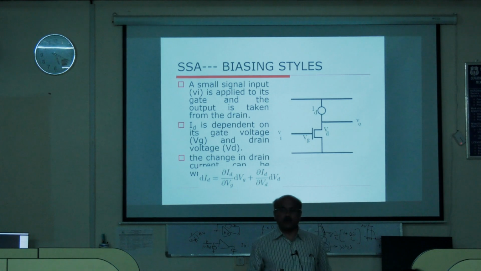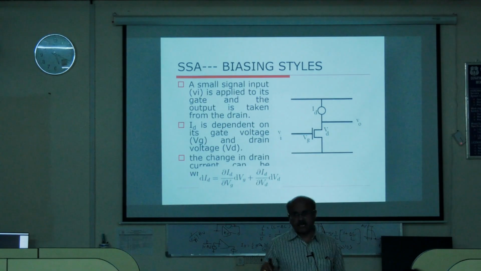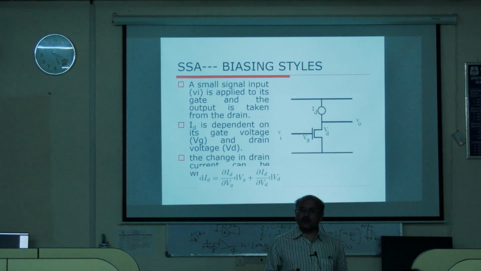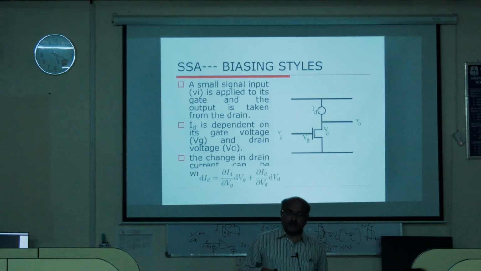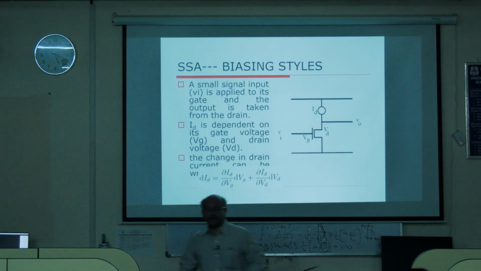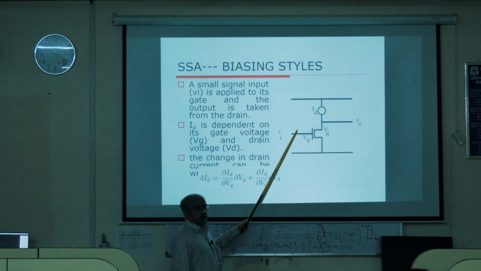Isolation in the sense, who will come to our rescue in the MOSFET technology or the circuits here? No one else, only another MOSFET will come to our rescue, right? So therefore I will use another MOSFET and try to isolate the output and the input node, right?